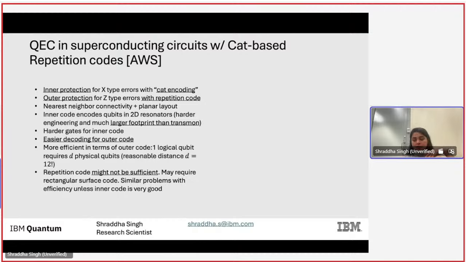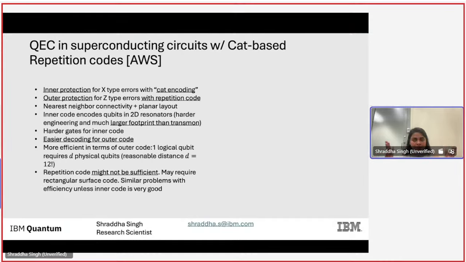It has been noted that a repetition code might not be sufficient given that bosonic encoding, while it protects against X errors, this protection might not be enough if we want to apply gates, because the better protection you have for any type of encoding, the harder it is to do gates on that sort of encoding or qubit. So in order to make the gate operation easier, you give up on some level of the inner protection, and that means you need thin surface codes.